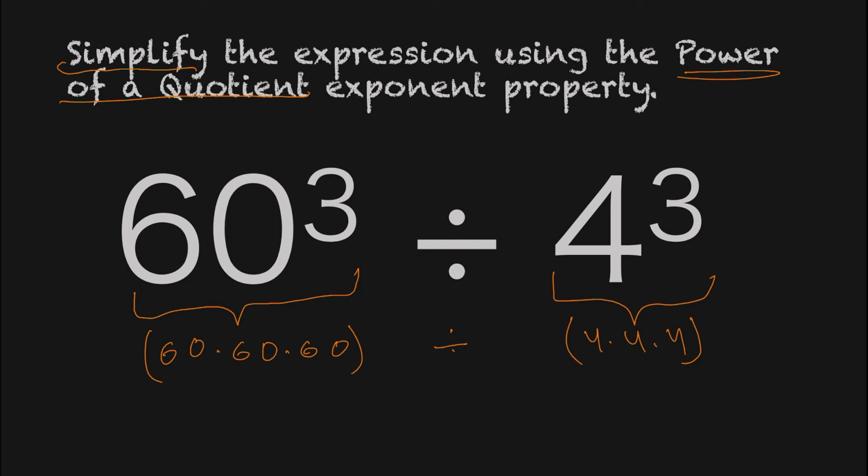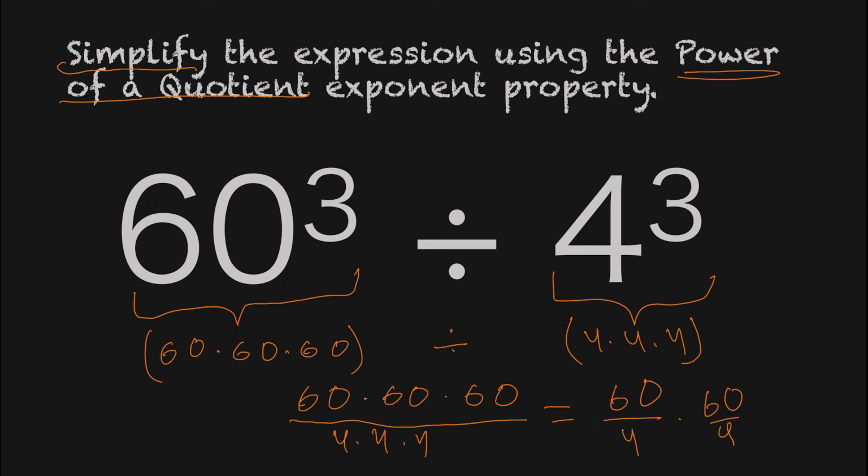Now the next step I'm going to do is write this as a fraction. So I'm going to write it as 60 times 60 times 60, and then it's going to be over the 4 times 4 times 4. Now something to notice here is that this expression is equivalent to 60 over 4 times 60 over 4 times 60 over 4.